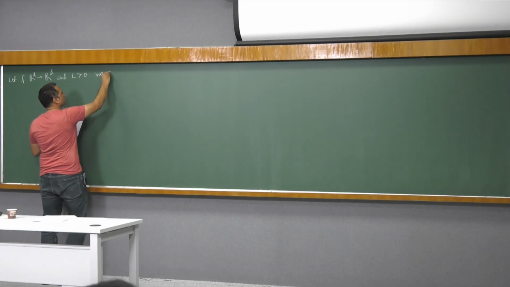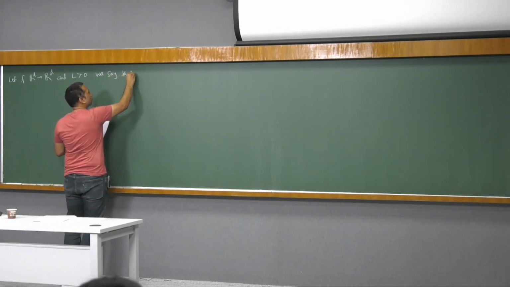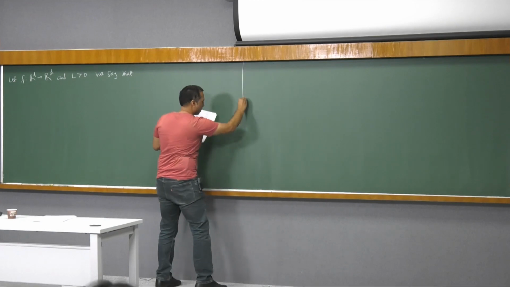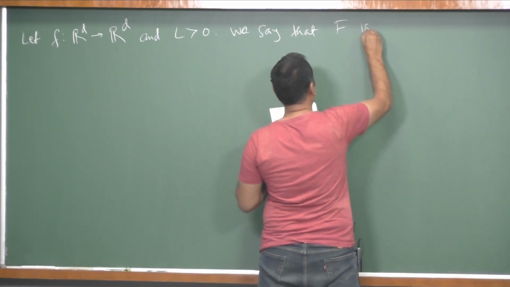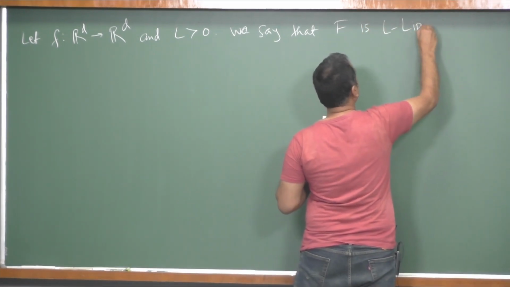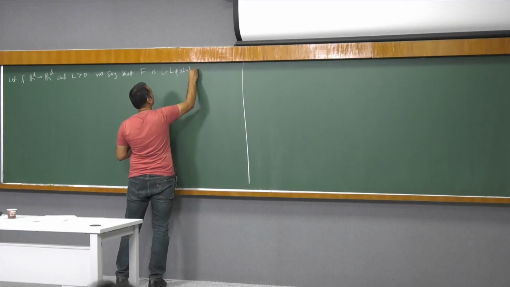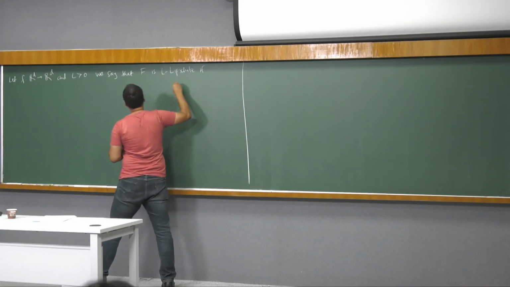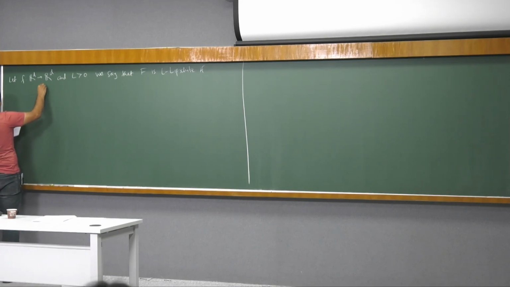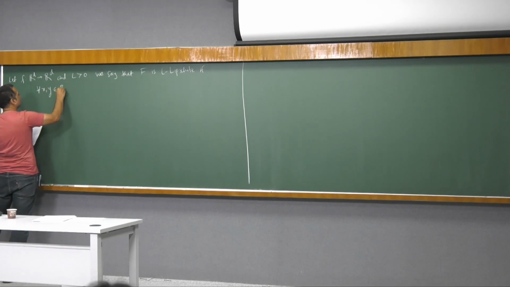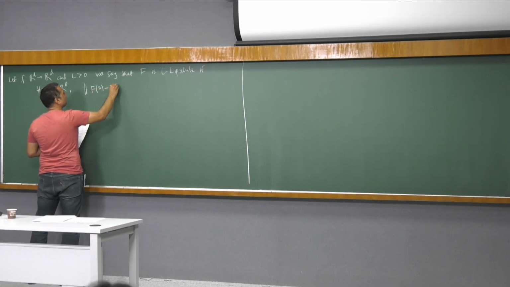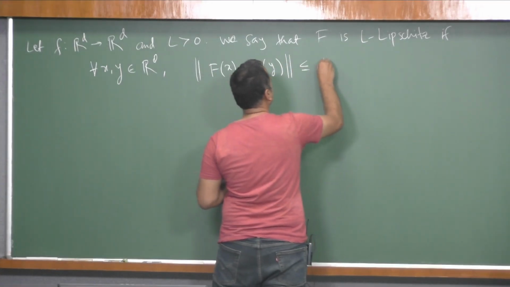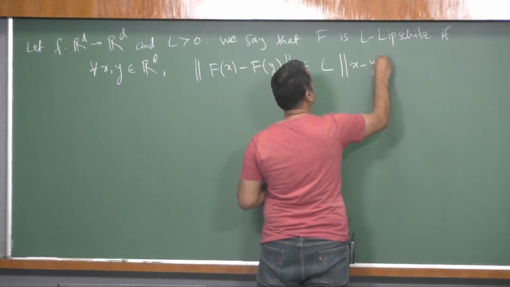So we say that f is L Lipschitz if it satisfies, for all x, y in R^d, norm of f(x) minus f(y) is less than or equal to L norm of x minus y.